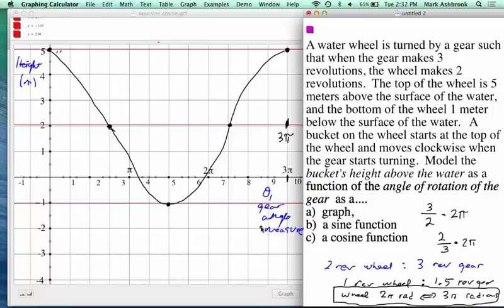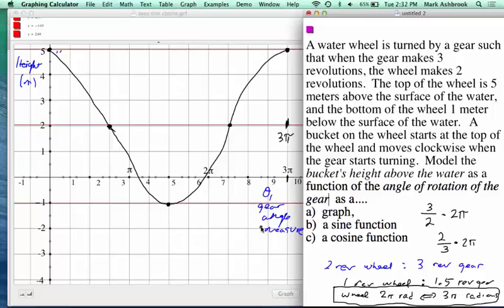How's it coming? Okay, where did I lose you? Okay, well, can we make some progress at least a little bit here?